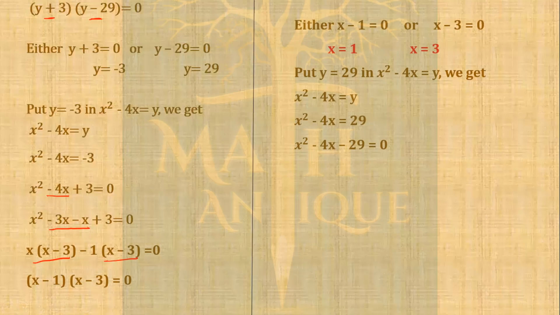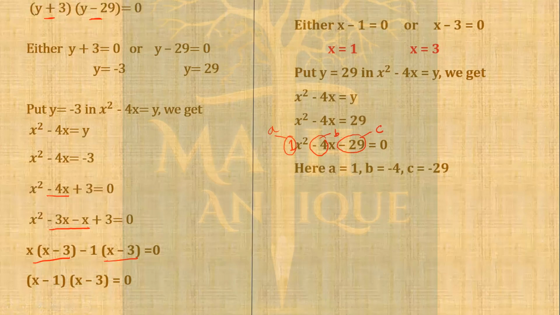Okay, in this case, we know that the coefficient of x square is always called a. The coefficient of x is b, and the constant is c. So here a is 1, b is equal to minus 4, and c is equal to minus 29.